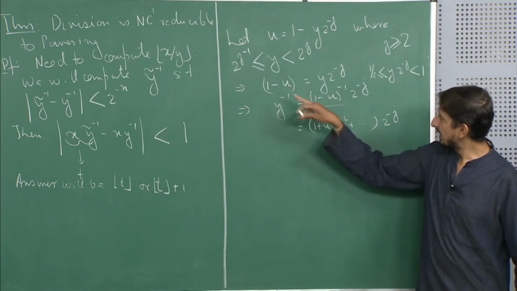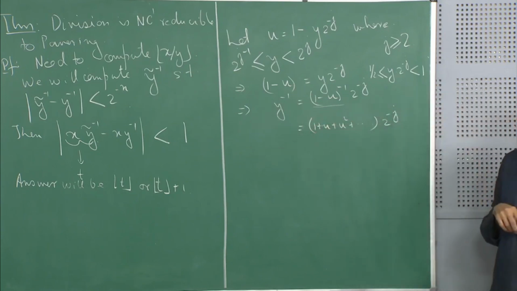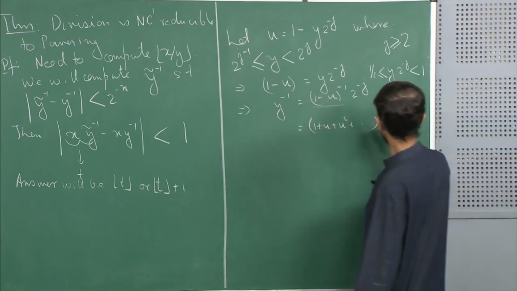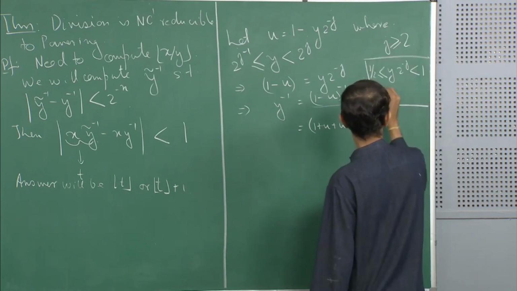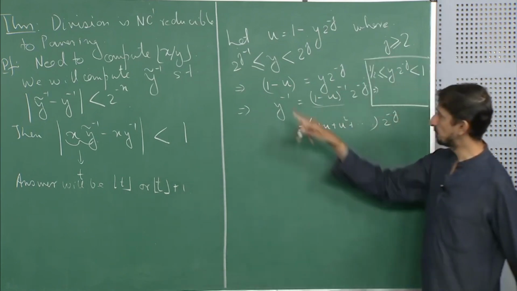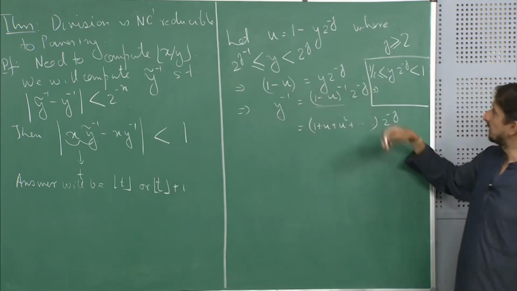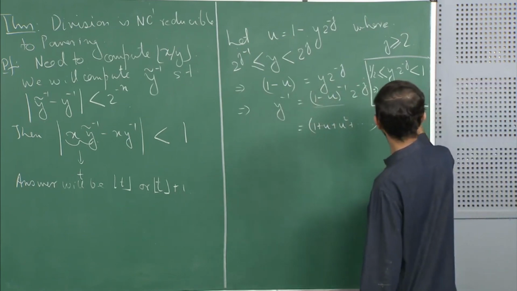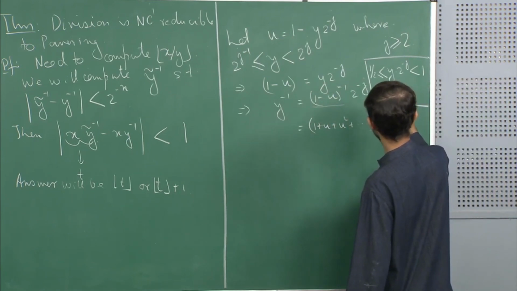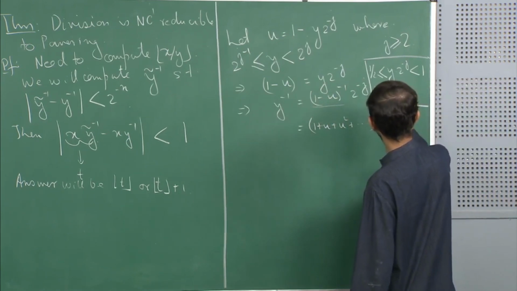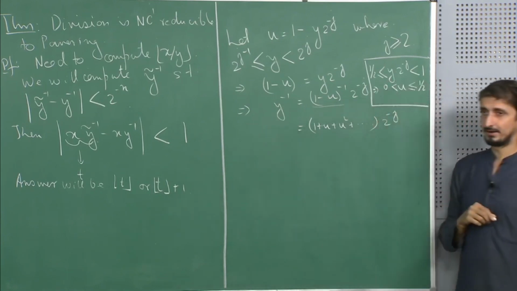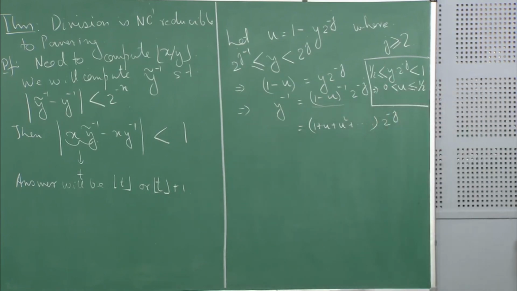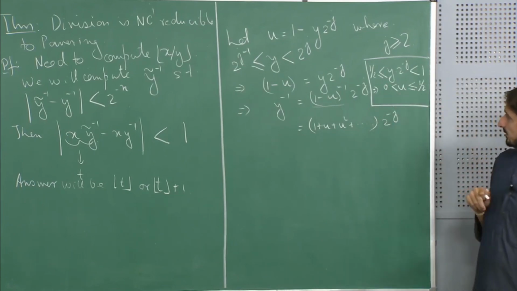So, essentially 1 minus u lies between half and 1. What does it say about u? So, if 1 minus u lies between half and 1, it means that u is greater than 0 and less than or equal to half, right.